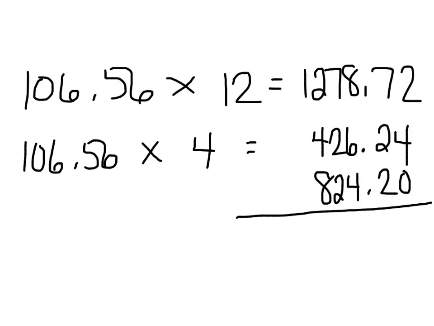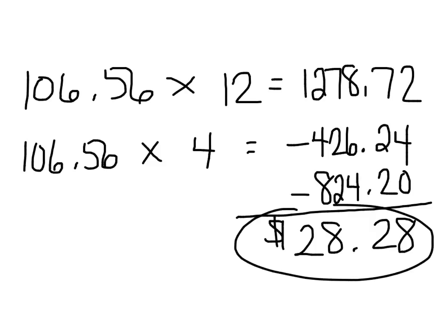So in order to figure out how much you saved, subtract both of these from that $1,278. Not separately. What you do is you take $1,278.72 minus $426.24 minus $824.20, and what's the final total after those two are subtracted from it? You saved $28.28, which doesn't sound like a whole lot, but you got to remember, this loan was only for a year.